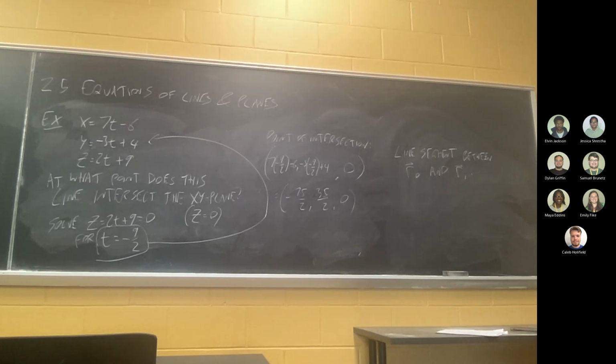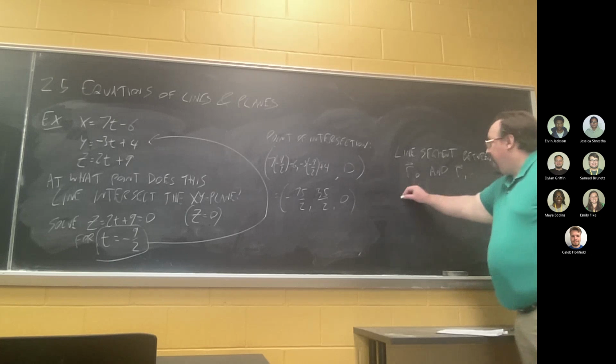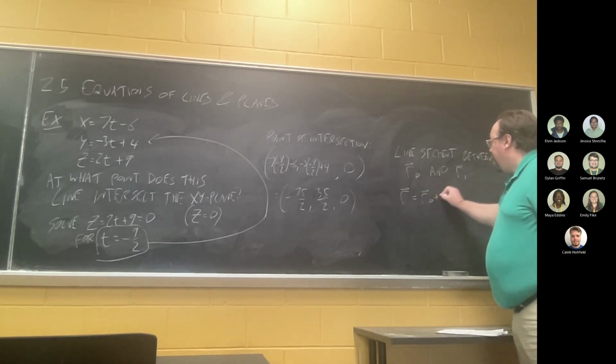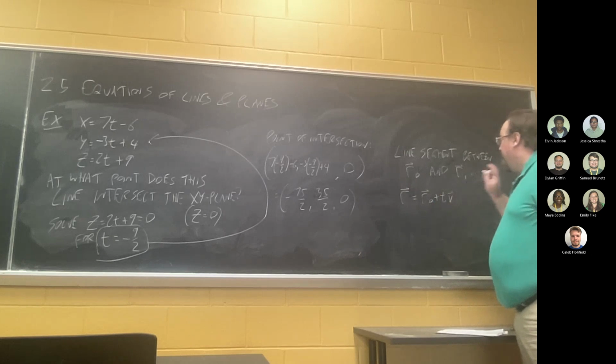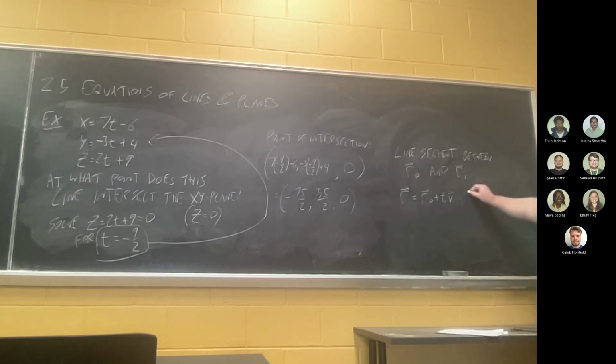What you do is you use a vector equation, R is equal to R naught plus tV, but you define V to be R1 minus R0, the vector between your initial and terminal points.